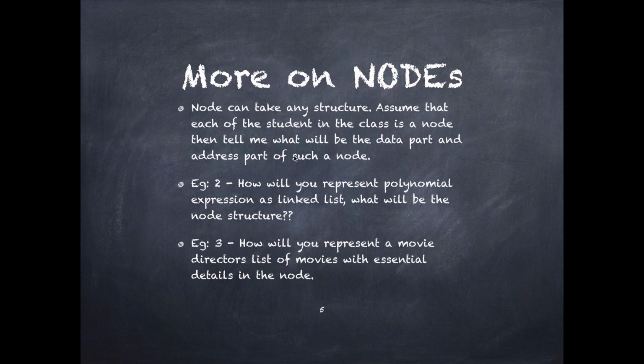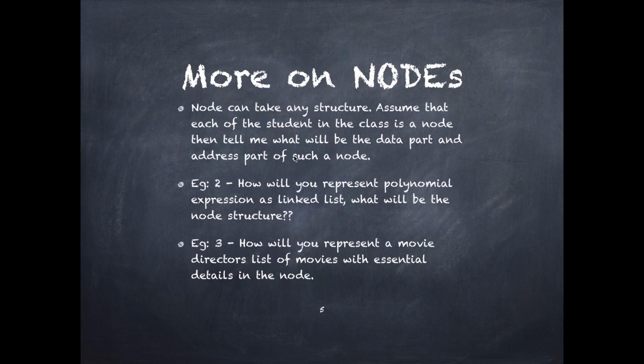Yes, you have a coefficient part and an exponent part, followed by an address, that is a link to the next term in the polynomial expression. Okay, please draw that.